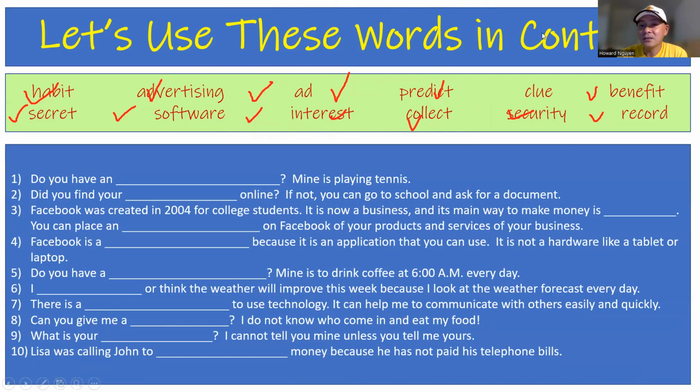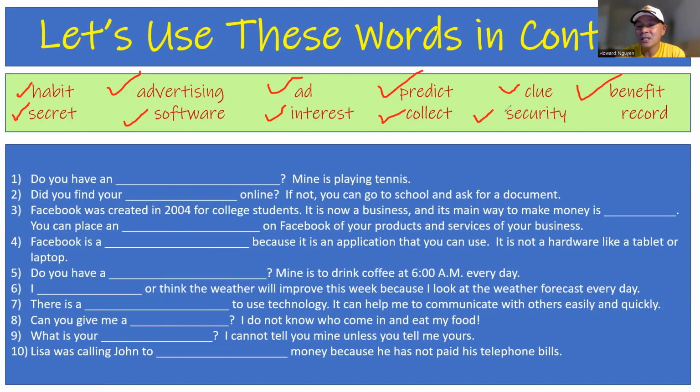Okay, so the next sets of words: habit, advertising, act, predict, clue, benefit, secret, software, interest, collect, security, record or record, depends on a verb or the noun that you use.